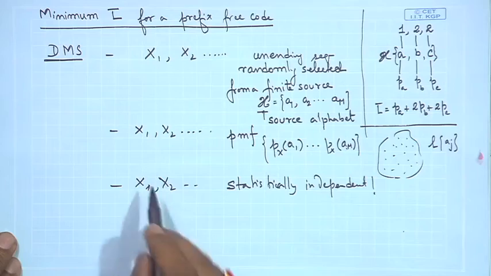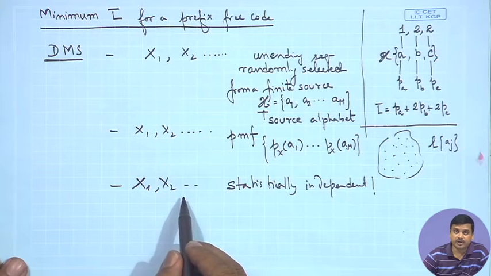Equal probability does not necessarily say that it is independent. What we are trying to say here is that once I throw it, if I get a 6, there is no relationship with what is going to happen in the next one, or vice versa.